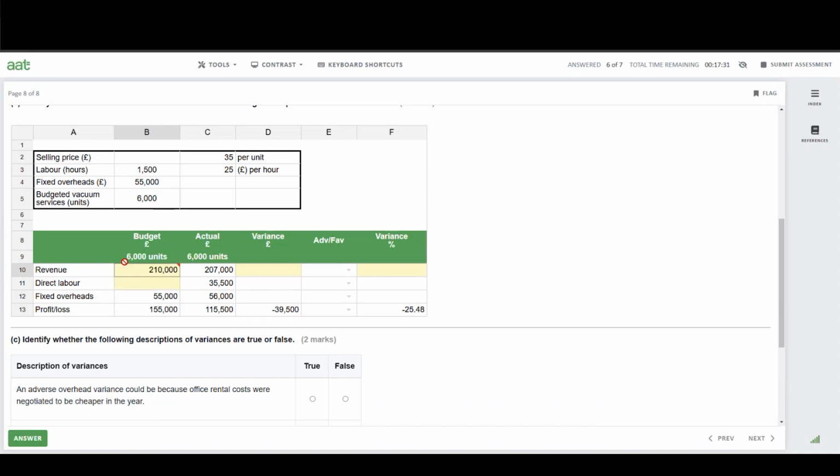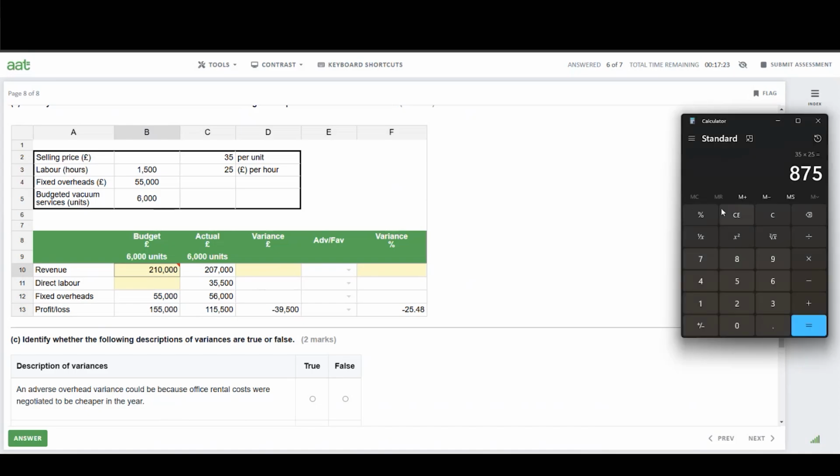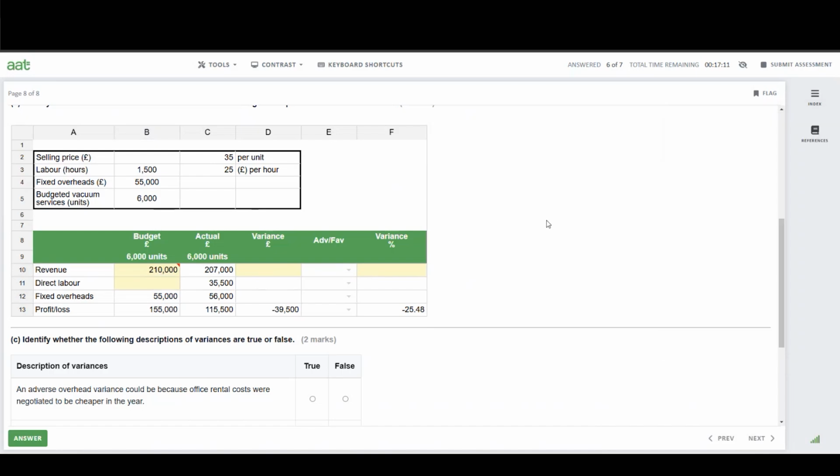Okay, now in this example it's calculating the value for me. So what I would do is I'd get my calculator out and let's just double check that that formula has done the calculation that we expected it to do. So 6,000 units times £35. Yeah, £210,000. So my formula has calculated that value correctly.